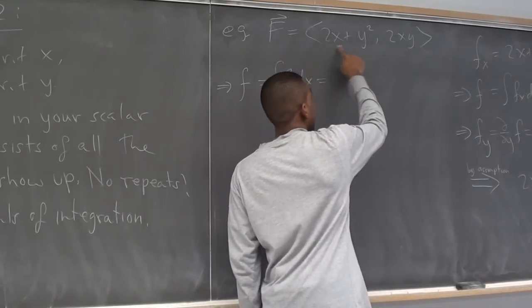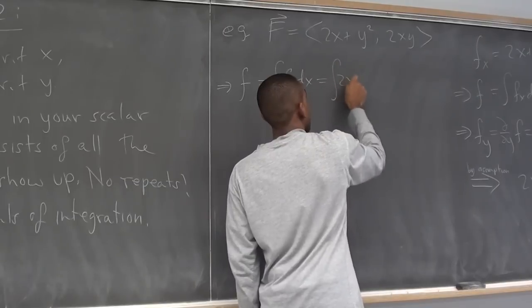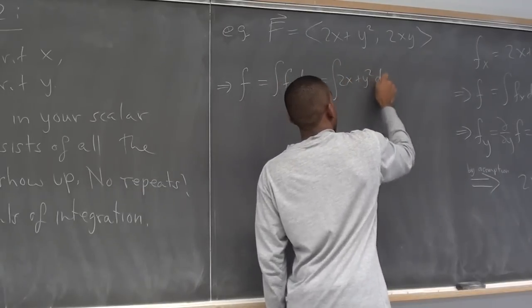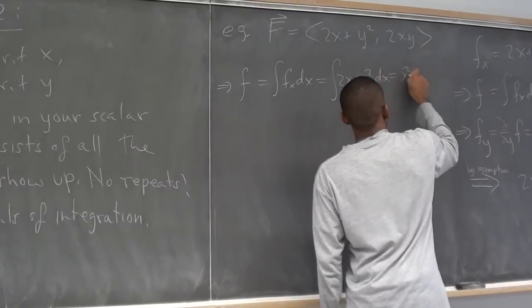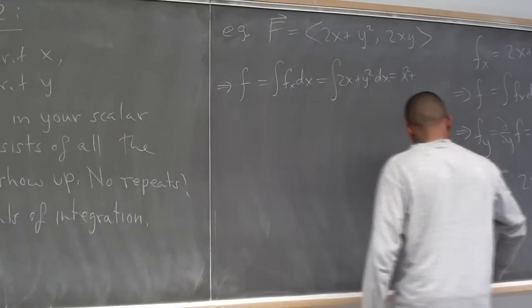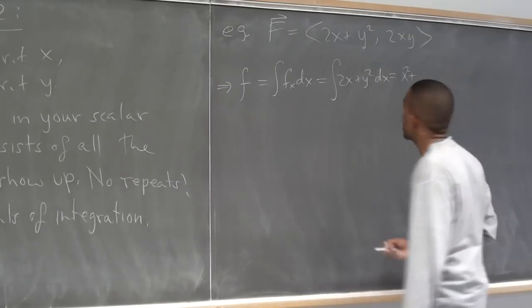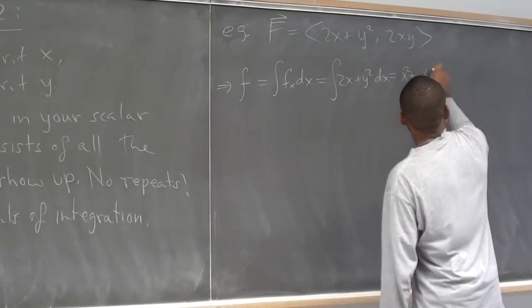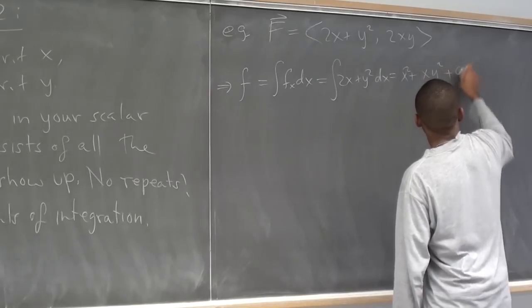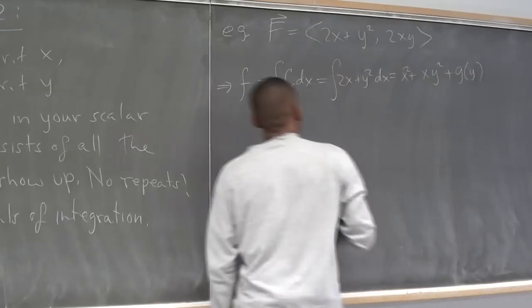So just integrate this with respect to x, which is x squared plus xy squared plus some constant of y.